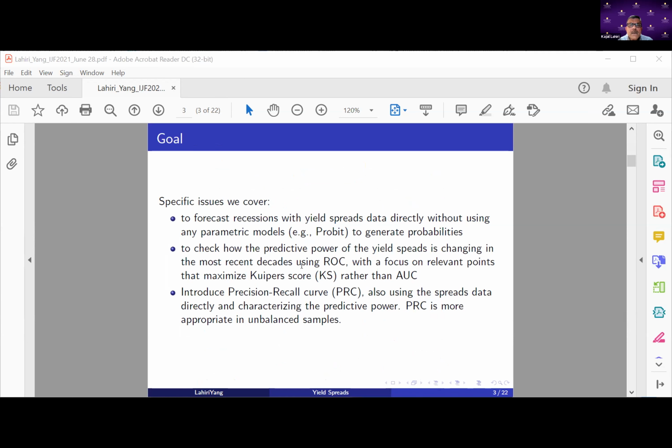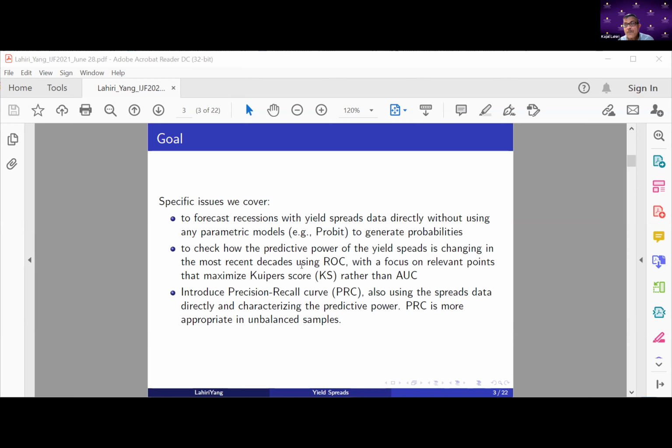Typically in the literature, people do probit regression, right? They'll do a binary regression, get the probabilities, and work with it. We are not working with probability. We are directly using the data, no probability model, so no parametric assumption. So we are directly using the predictor to do the ROC graph, because ROC is invariant to alternative predictors so far as they are monotone transformations.